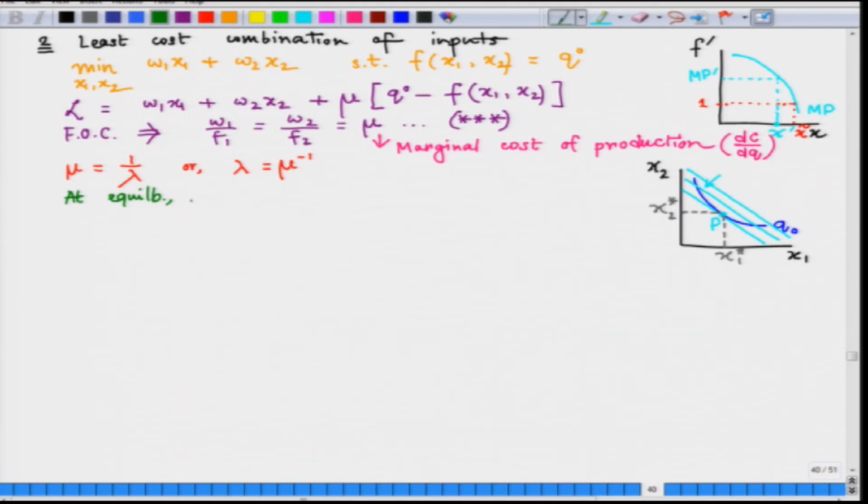At point P, we observe the input price ratio, which is the absolute value of the slope of the isocost line, W1 over W2, shall be equal to F1 over F2. That is exactly equal if you see the first order condition right here that we have derived earlier. We will continue this discussion on optimization behavior of the firm in the next lecture.